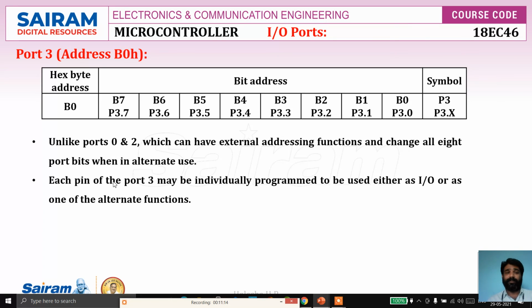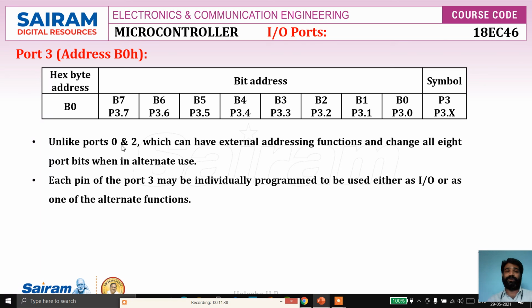here each pin of the port may be individually programmed to be either an input or one of the alternate functions. For port 0 and 2, used as a parallel port, we need to function all the 8 port pins. But here it is not like that, because individual pins have individual other functions.